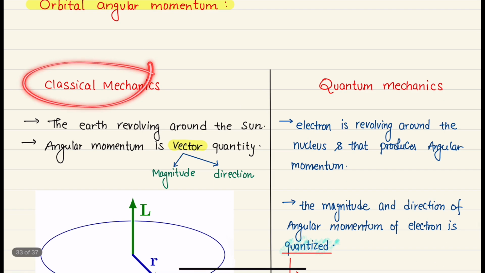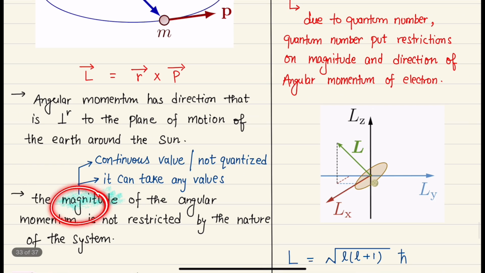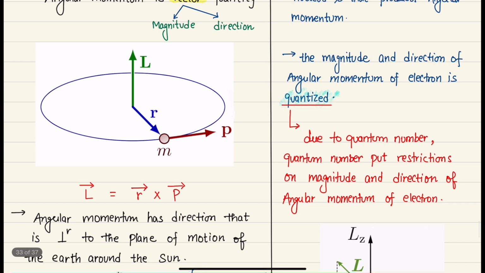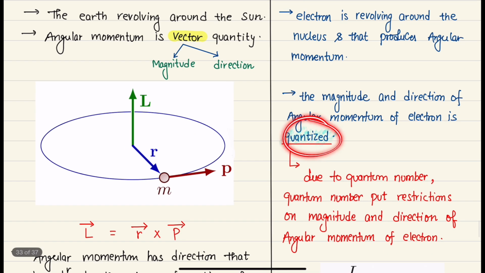In classical mechanics, angular momentum can point in any direction, and the magnitude also can take any value. The magnitude of angular momentum in classical mechanics is a continuous value, not quantized. But in quantum mechanics, the magnitude and direction of angular momentum of the electron is quantized. And why is it quantized?